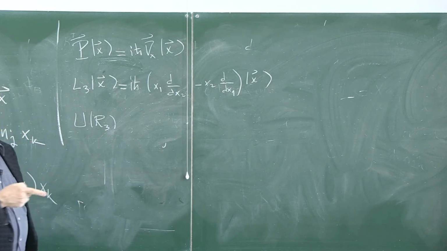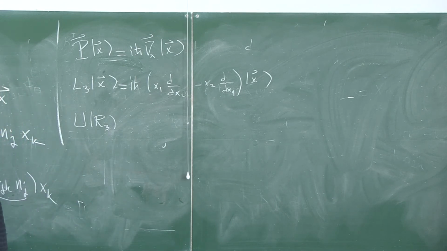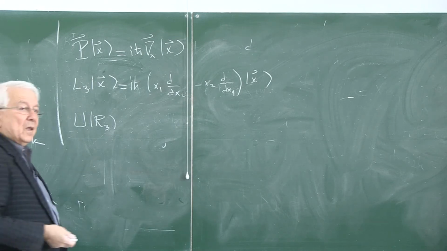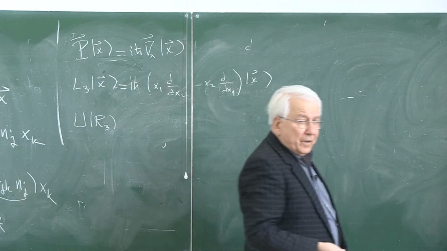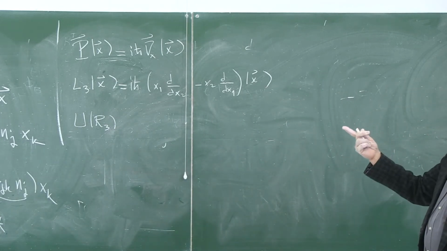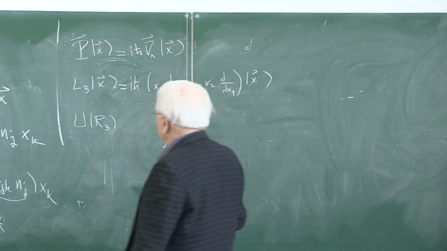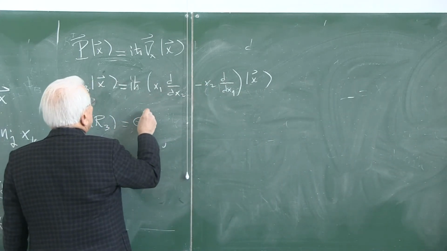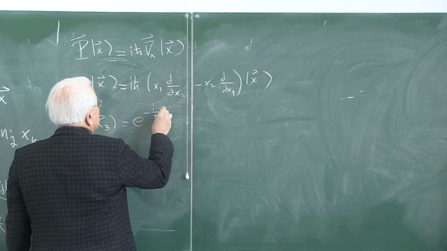R is the rotation, 3 is about the third axis, and U is the unitary operator which does the job in the ket space. You carry out a rotation in the classical space, and you go to the ket space, the quantum mechanical space, and you see the effect of that rotation in that space. That's the reason why I resort to this. In order to be norm preserving, U should be unitary, as L is Hermitian. In order to make a unitary operator out of a Hermitian one, I introduce this.